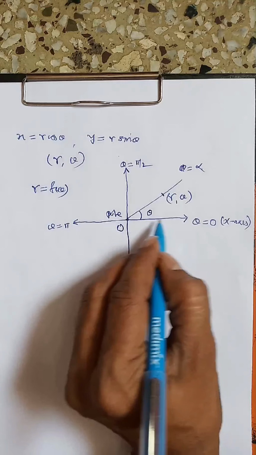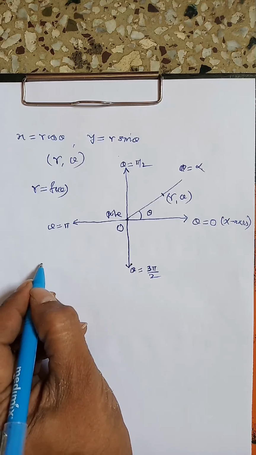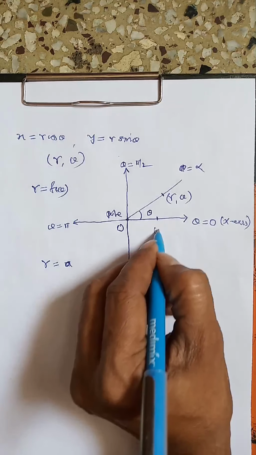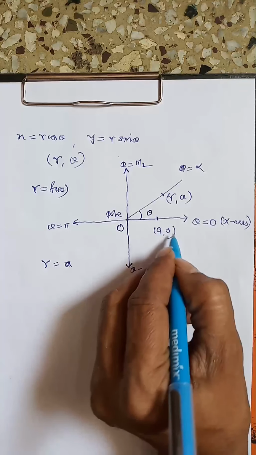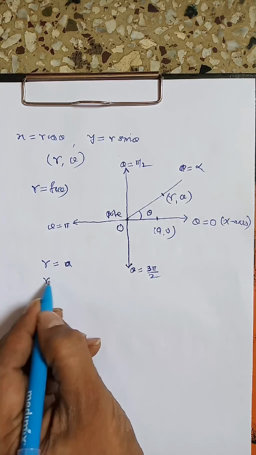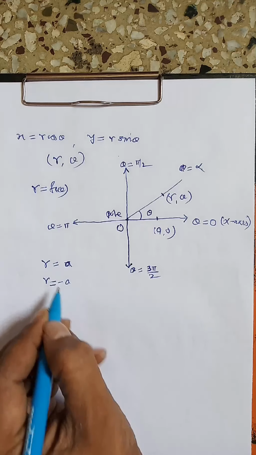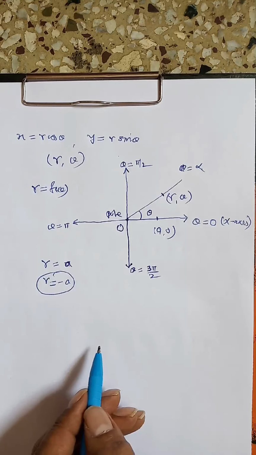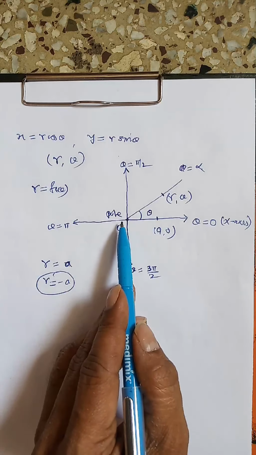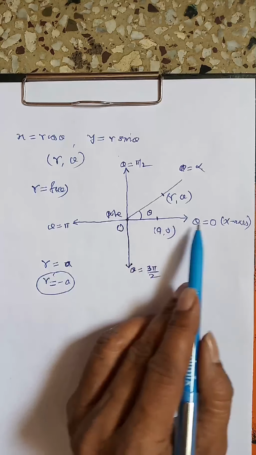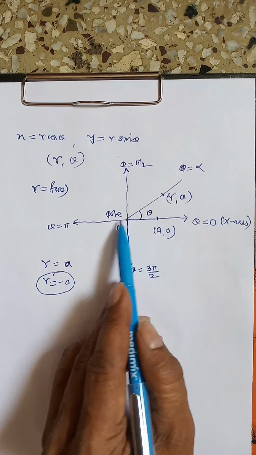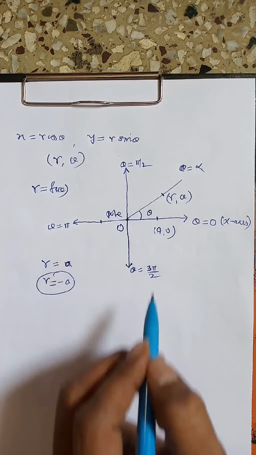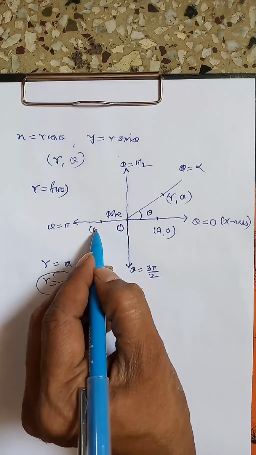If for theta equal to 0, suppose r is a, then that point will be represented as a comma 0. Suppose for theta equals 0, r is minus a. What does it mean? It is the distance of the point from the origin on the line theta equals 0 but in the negative direction. Distance is an absolute value, so the distance is a.